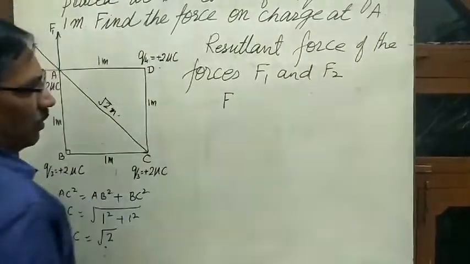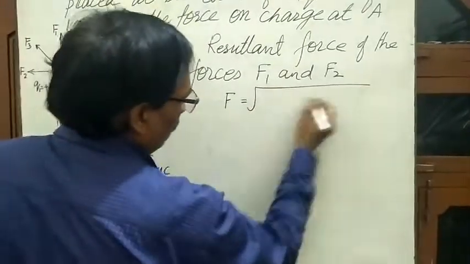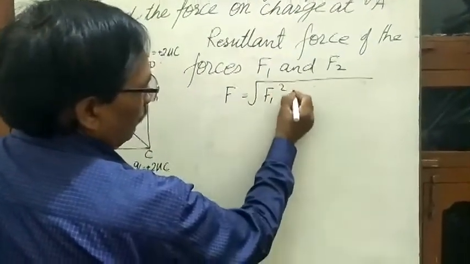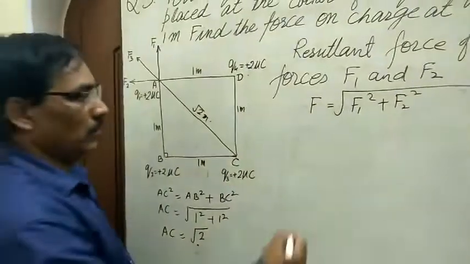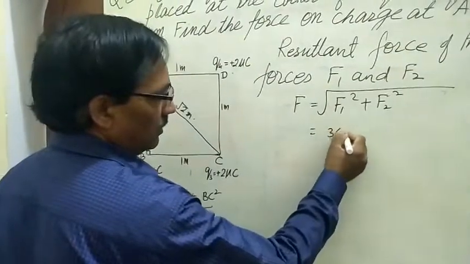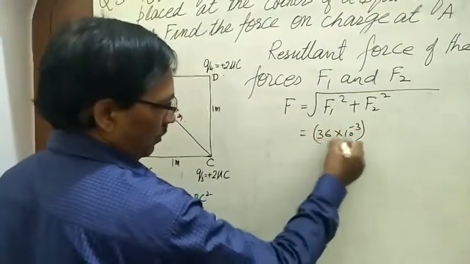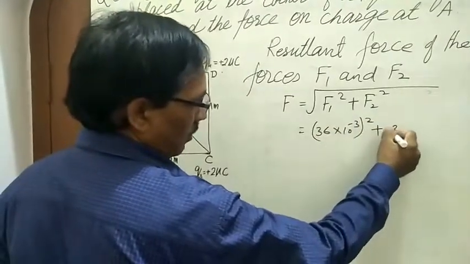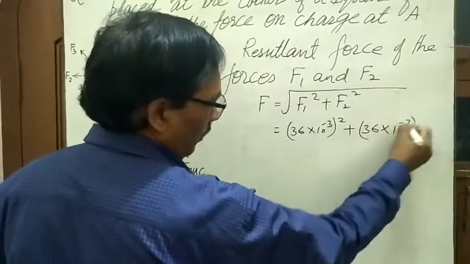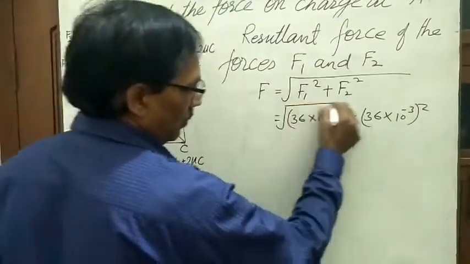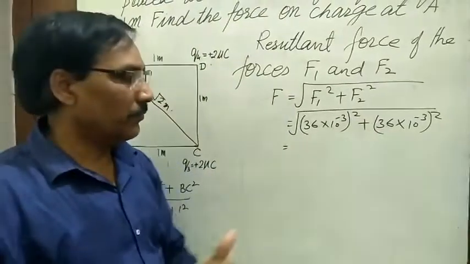This is F is equal to under root F1 square plus F2 square. 36 into 10 power minus 3 square plus 36 into 10 power minus 3 square, under root, 2 times the same quantity.